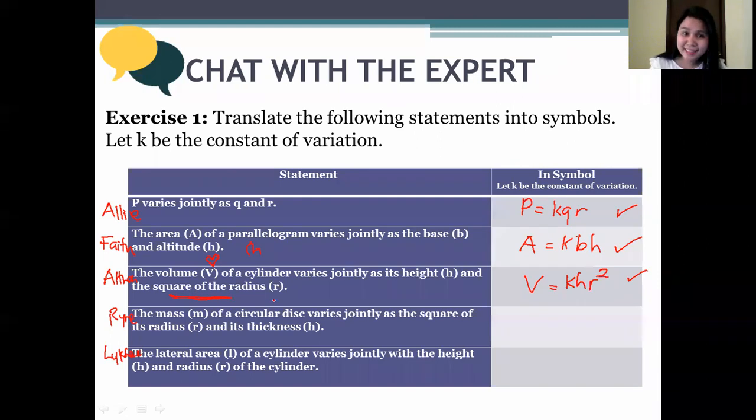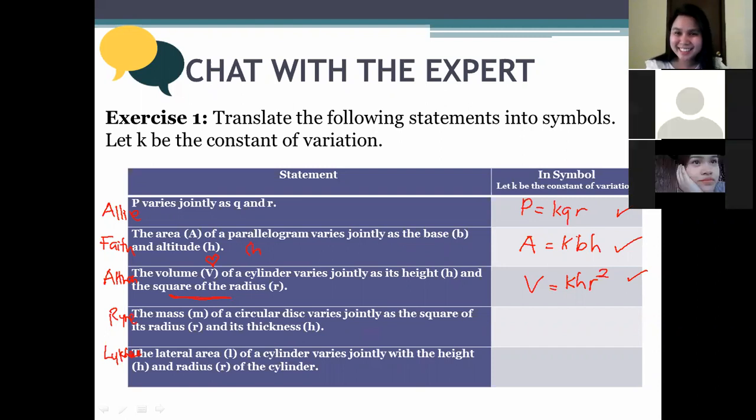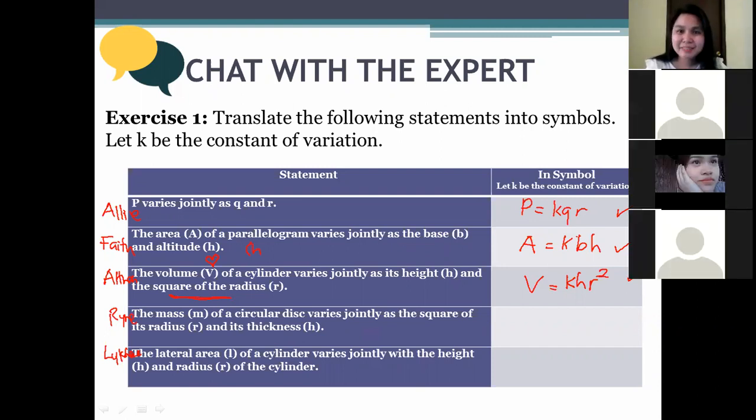The mass of a circular disc varies jointly as the square of its radius and its thickness h. Ryan? Ma'am, M equals R squared H. Oops, you missed something.